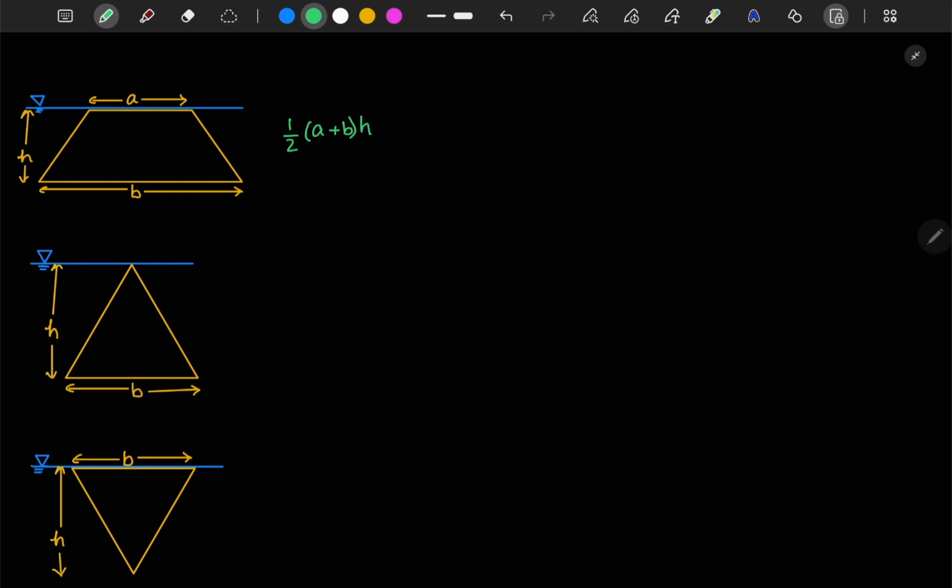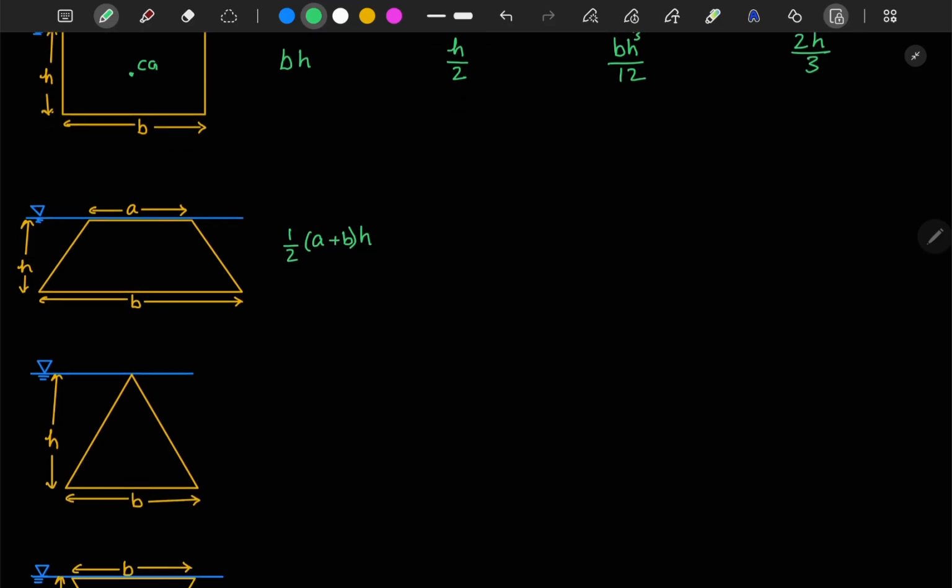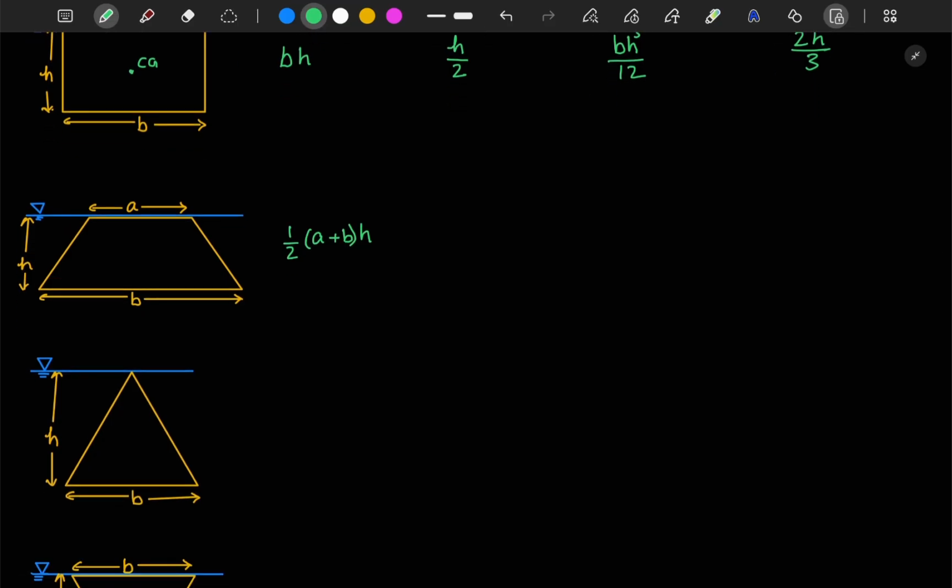This is your area, times h bar, the Cg. The Cg of the trapezium lies, measured from the top, at a distance of top length plus twice the bottom length, upon a plus b, into h by 3.